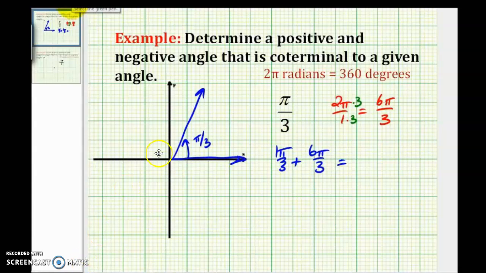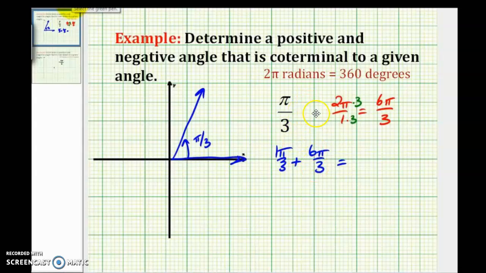So if I have an angle right here and I want an angle that's going to land in the same spot, when we're talking about degrees, we would add 360 to it. So when we're talking about radians, that just means we're going to add 2 pi to this angle. So I have pi over 3 right here, and I'm going to add 2 pi.